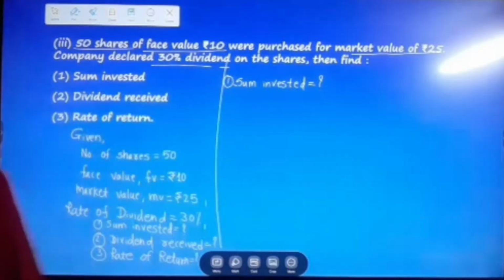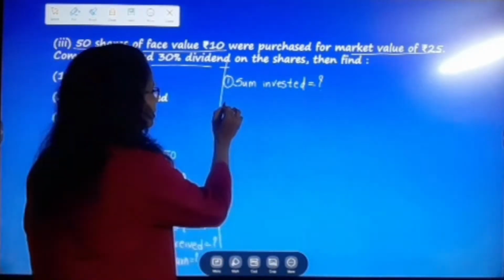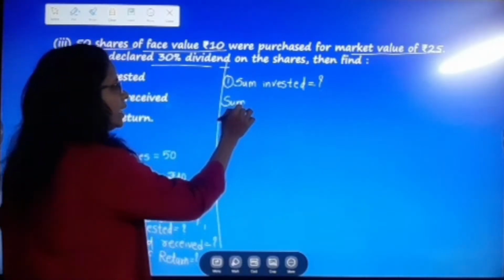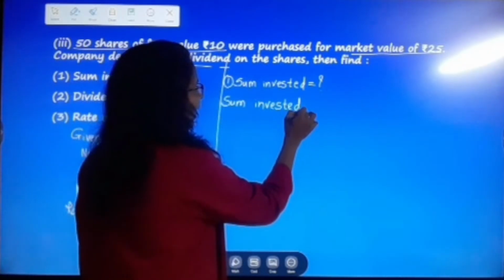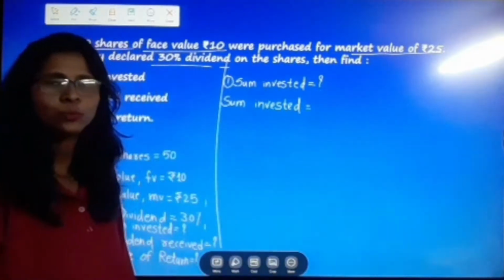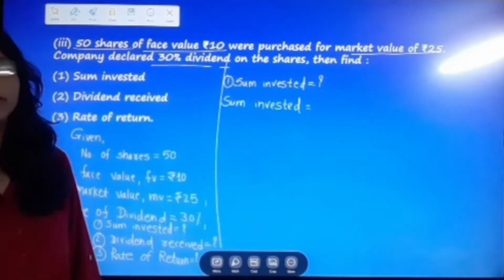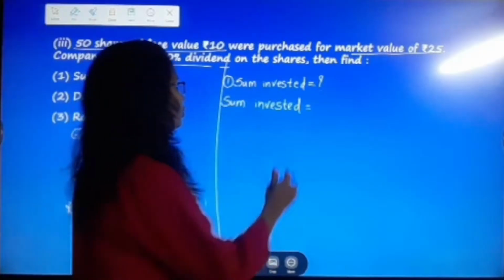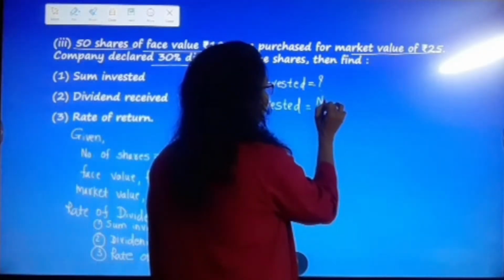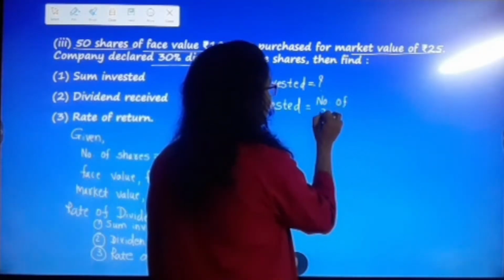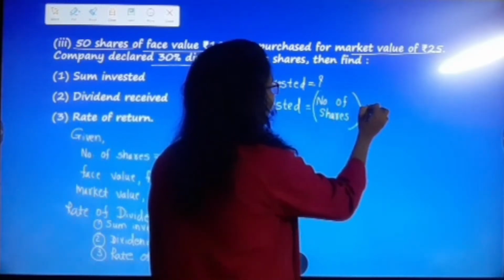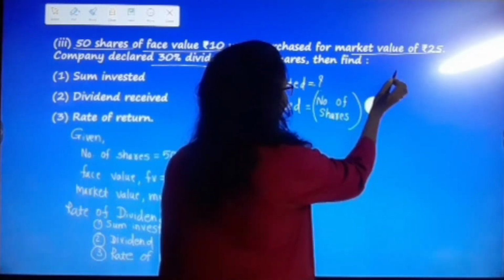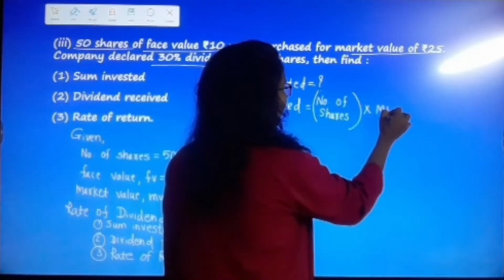So now here students, there is a formula for the sum invested, and that formula is number of shares multiplied by market value.